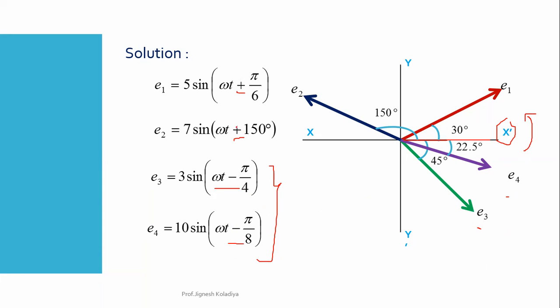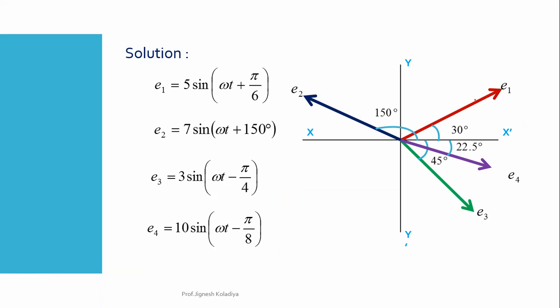But in the E1 and E2 case, it is not like that. Both are with positive sign. That means it will always remain ahead of this reference axis. So you cannot draw like that. Got it?